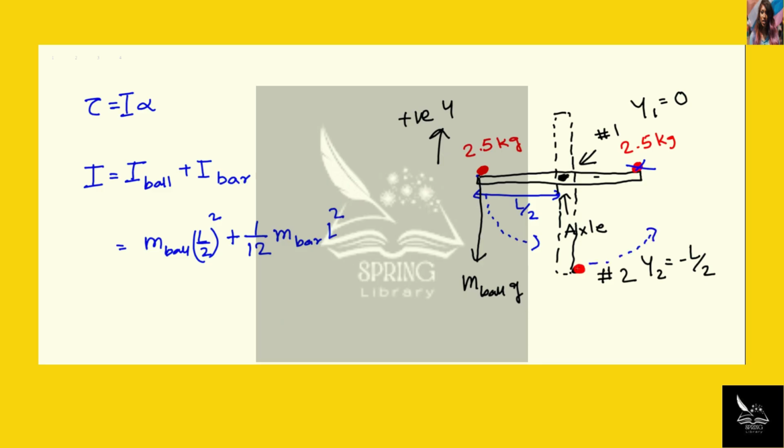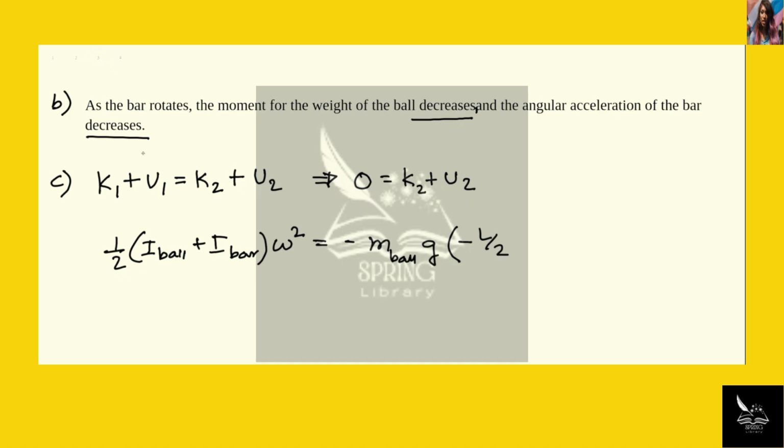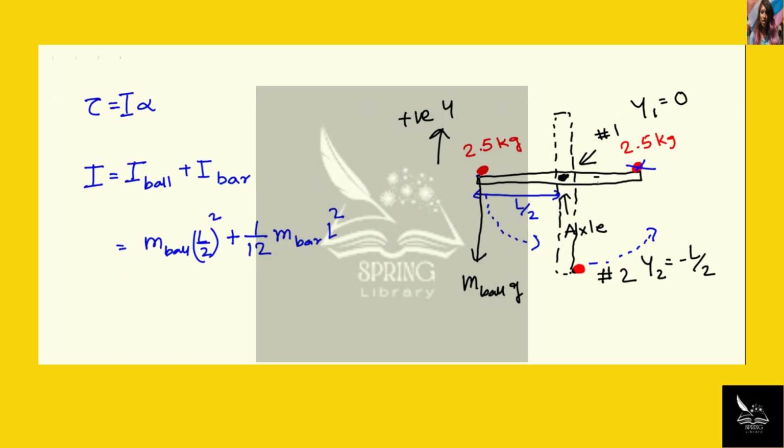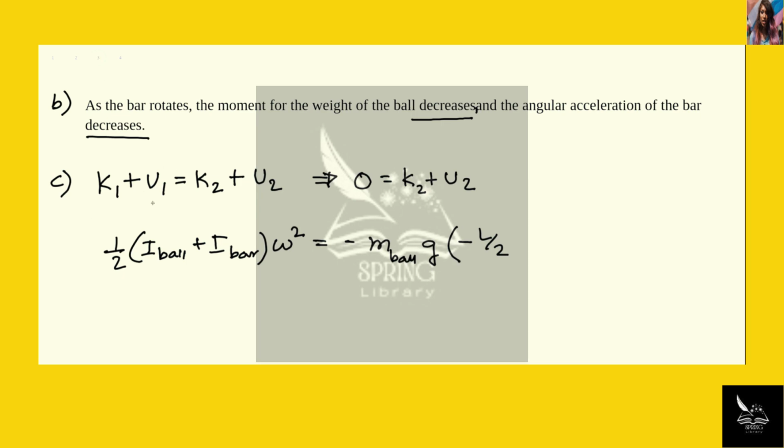So this is our conservation of energy equation. But at this point, when the bar is horizontal, we don't have any kinetic or potential energy since it's at rest. So that's why we set these two terms to 0.